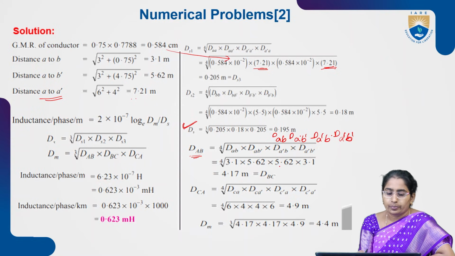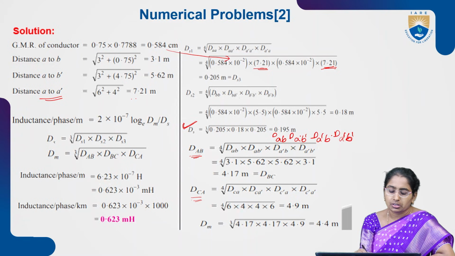From the diagram, the distances are taken and calculated. This is the same as DBC, from that arrangement we can see that. Next, DCA: CA, CA dash, C dash A, C dash A dash. Then finally Dm.